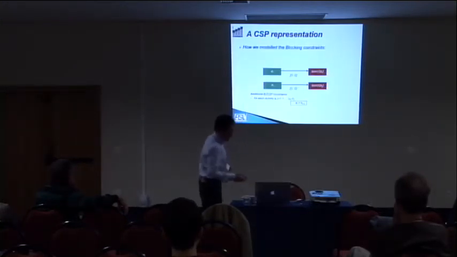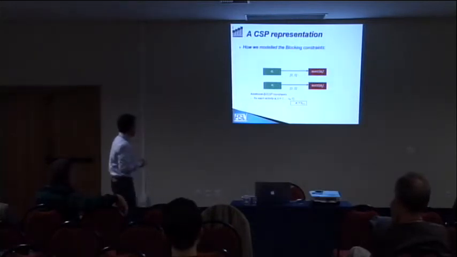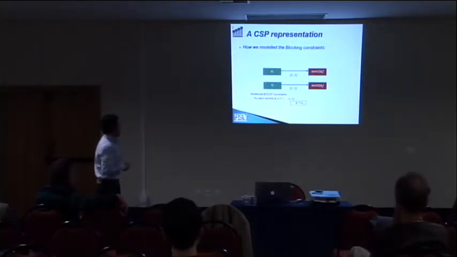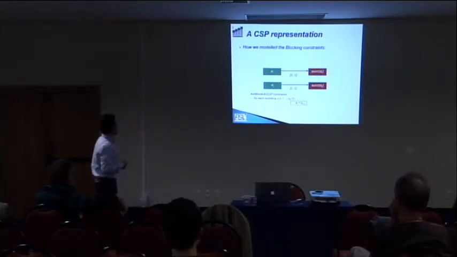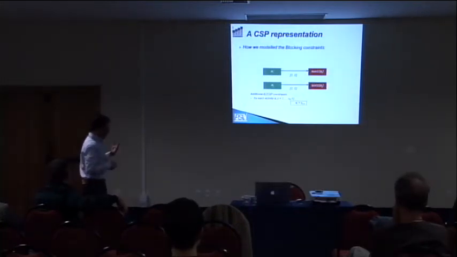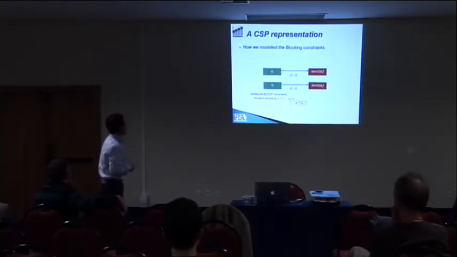Okay, and also how we model the blocking constraints. We have to remember this is the blocking version of the problem. Suppose these two activities require the same resource, the green resource. When an activity arrives at its end time, it remains on the machine until it can move to the next machine, that is, until the successor activity of the same job starts on the next machine.